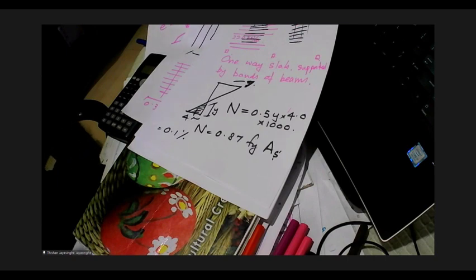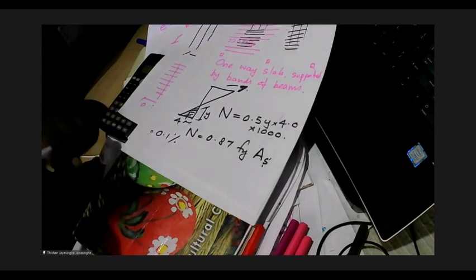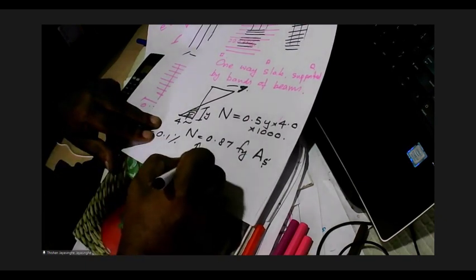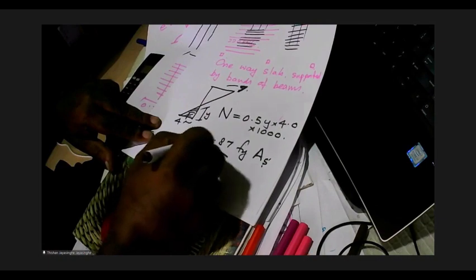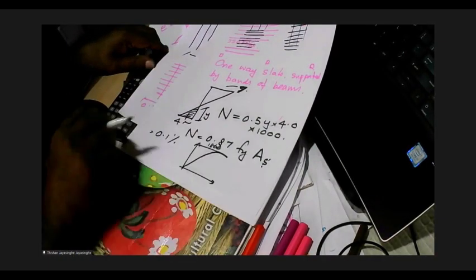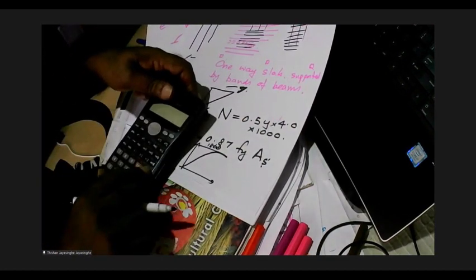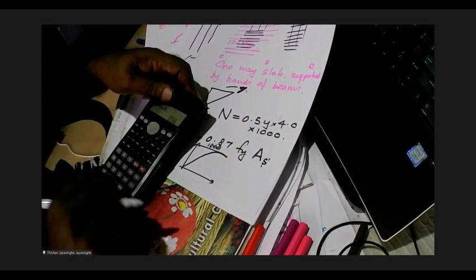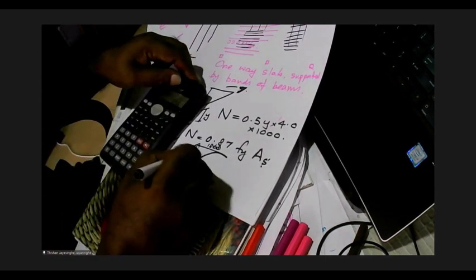And the method is approximate. Because there's pre-stress, what will happen? We are stressing a cable which can carry 1860 only up to 0.7 multiplied by 0.8, 56%.